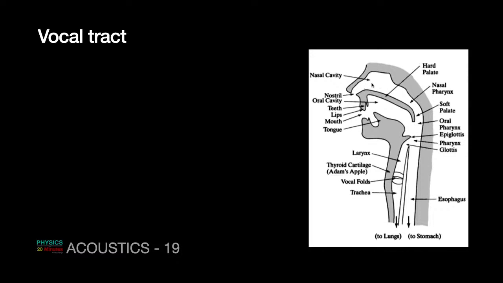So both are together. The main seat of vibration is in this part of the entire vocal tract, which is called the vocal folds. So this is the vocal folds.